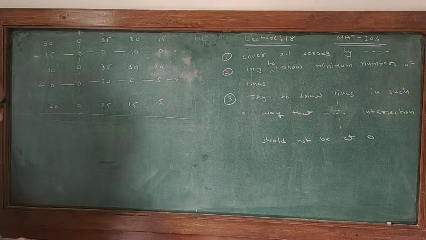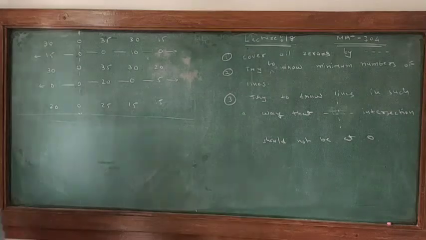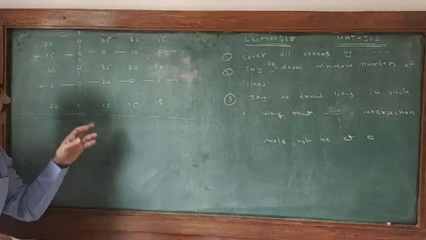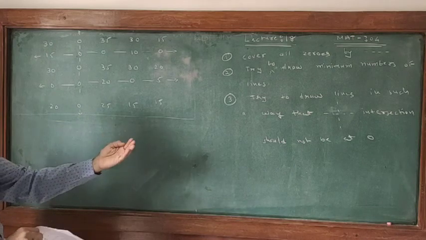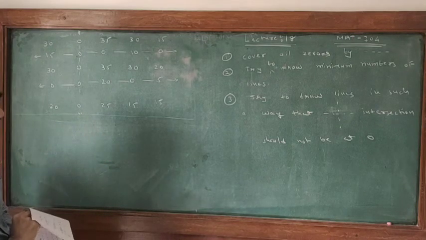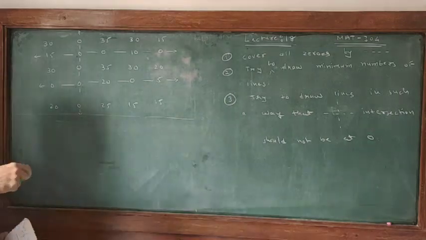This means that where the intersection is at 0, we should try to avoid it, but it is not possible to do this all the time, so we may face some problem. At that time we lose some zeros. How do we lose them? Just see here.